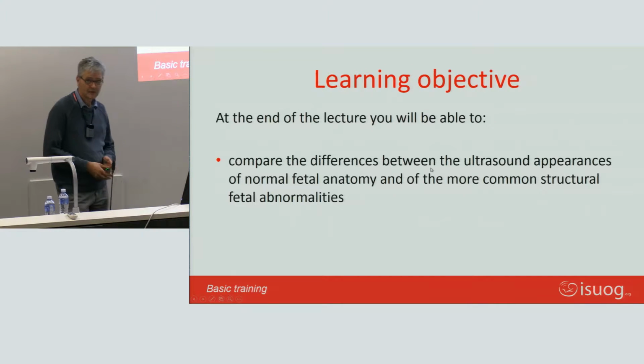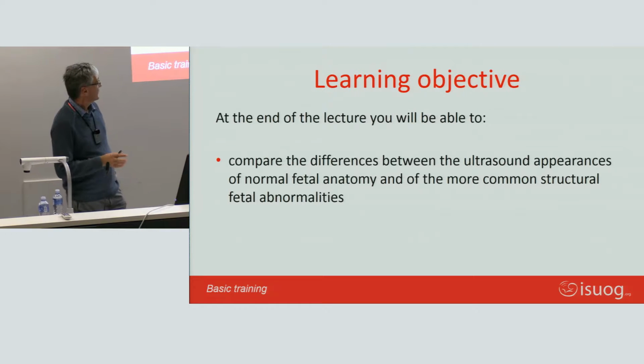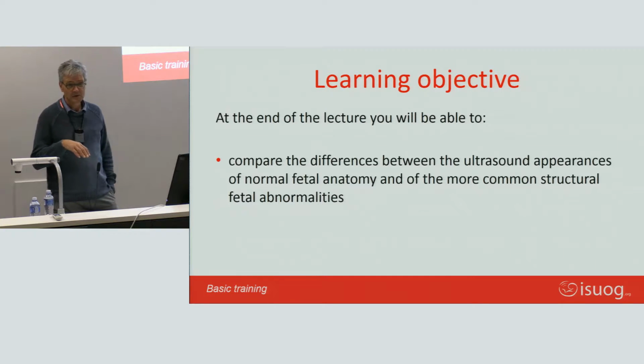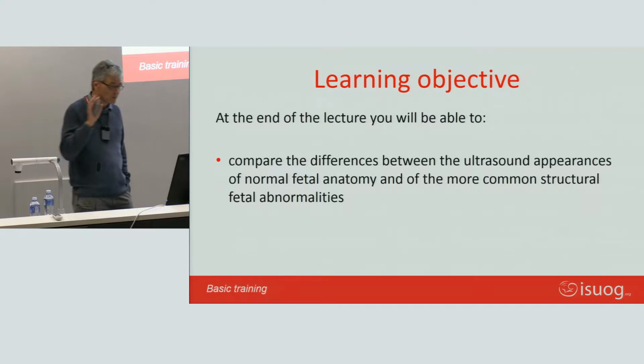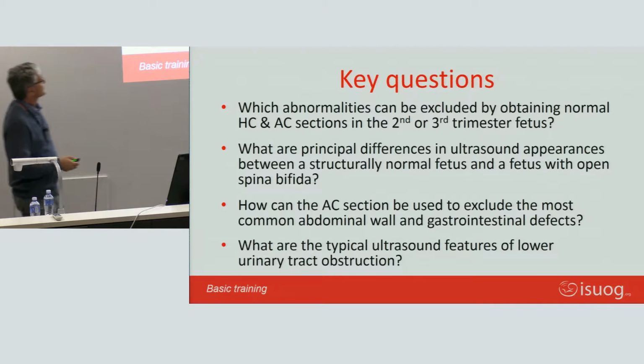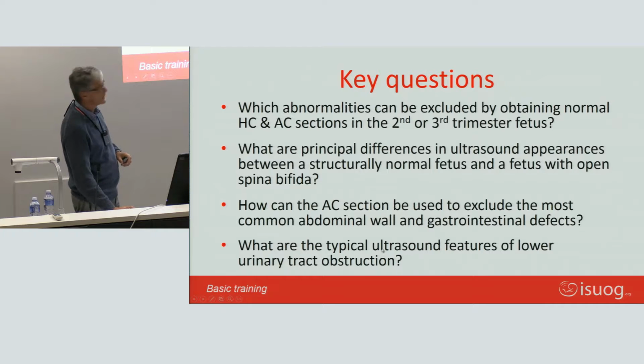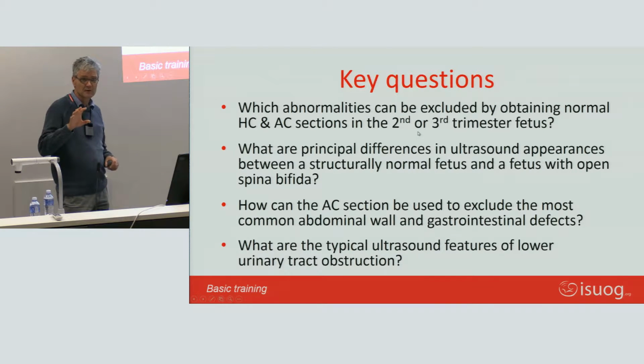Right, so after this talk, you will know how to compare the differences between the ultrasound appearances of what's normal and the more common structural abnormalities. So the key questions: which abnormalities can you exclude by looking at the head and looking at the stomach?